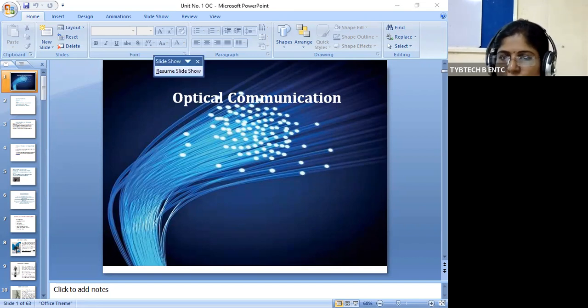Next is the same point also: immunity to radio frequency interference. Optical fiber is made of glass and plastic, which is totally insulating material. So they are not carrying any kind of electrical current. That's why even in a rainy situation or some odd atmospheric condition, you can use this optical fiber for better safety purpose. So greater safety, that is one meaning of this.